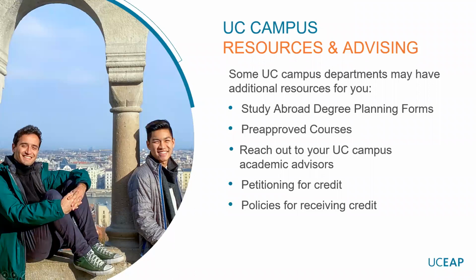You'll also want to familiarize yourself with the information that is available through the major and minor departments at your UC campus. A handful of departments have created study abroad resources or study abroad degree planning forms specifically for you to use during the planning process.